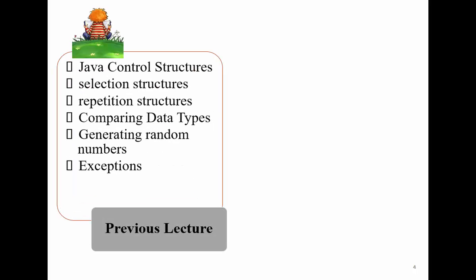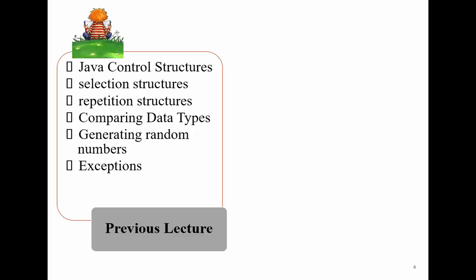Last time we covered Java controls, selections, and repetitions, and comparing data types. We emphasized comparing data types. We said that whenever we come across a primitive data type, we can use equals equals.